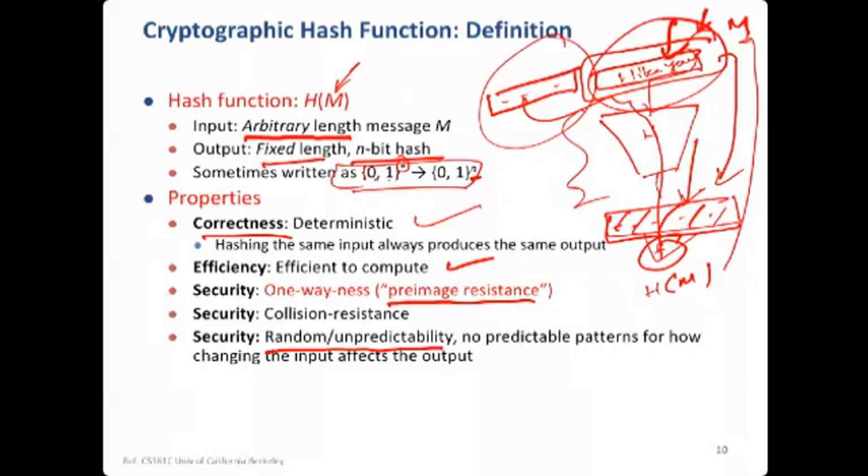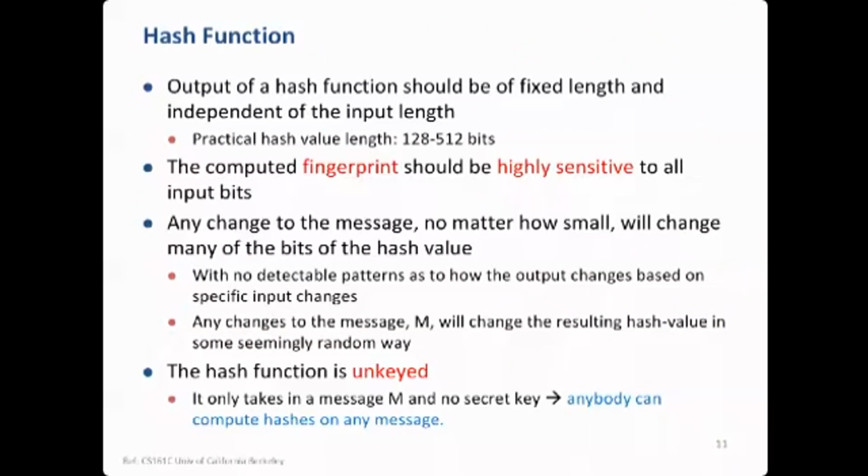Okay. So let's repeat what we have studied. Output of hash function is always fixed length, independent of input length. So practical hash values are 128 to 500 bits depending on what hash algorithm you are using. And then computed hash output, which we call a fingerprint, should be highly sensitive to all input bits. If we make very small change in the original message which we are hashing, output will change in many bits.